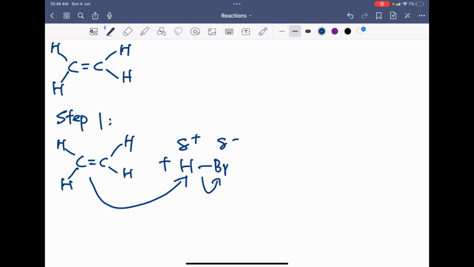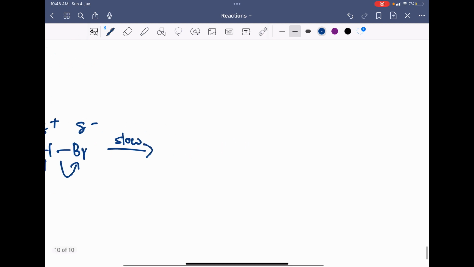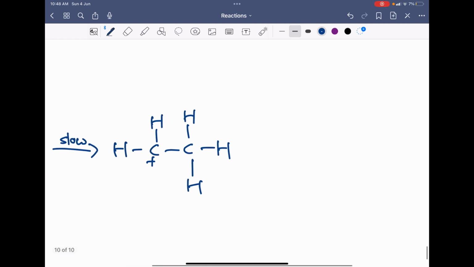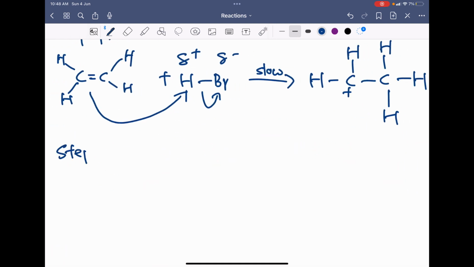Conversely, there is heterolytic fission of the H-Br bond. This is the slow step as we have previously mentioned, and as such we form the carbocation intermediate. Note that this molecule is a symmetrical molecule, so it really doesn't matter which carbon you add it to. And Br minus. And then step 2 is the nucleophilic attack by the bromide ion.